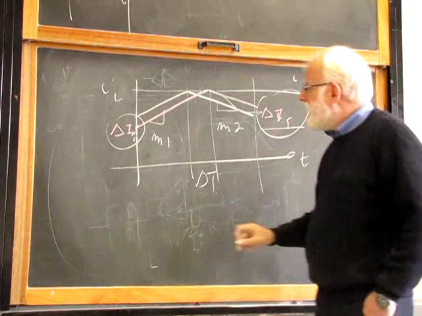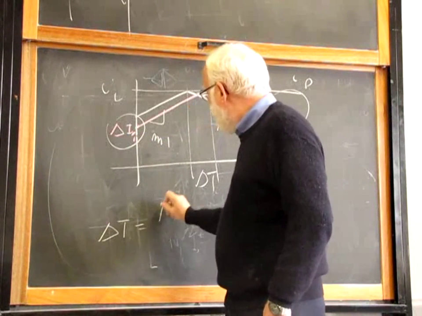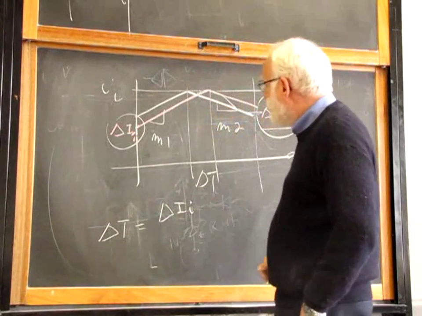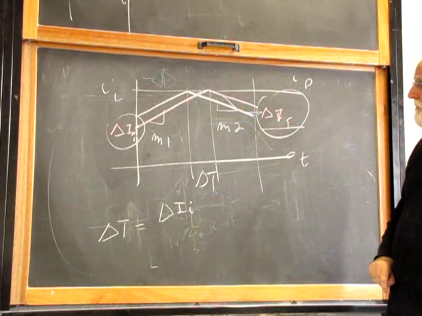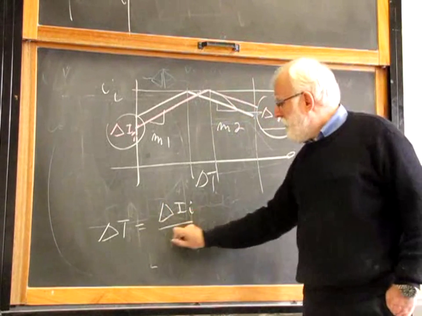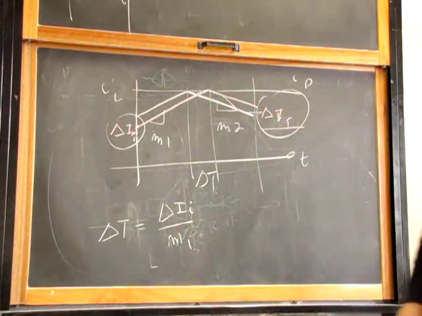So, delta T equals delta I initial divided by M1.